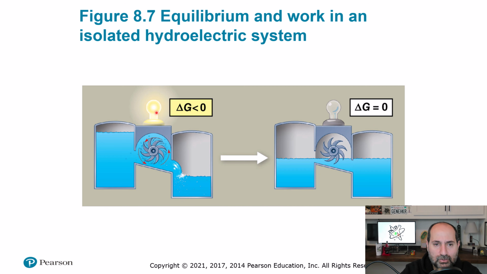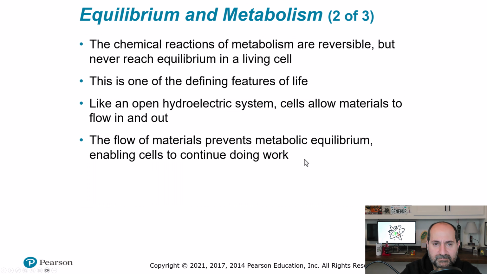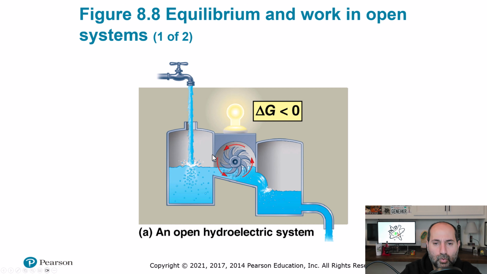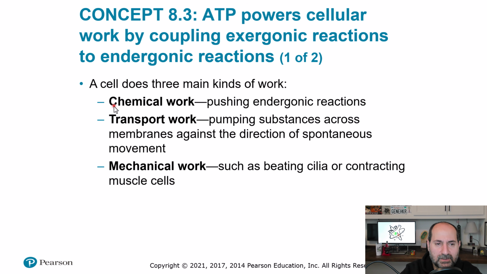Remember that in a closed system, it is very easy to achieve equilibrium where no work is being done. And remember that organisms are open thermodynamic systems. Remember that cells need to do 3 types of work: chemical work, transport work, and mechanical work.